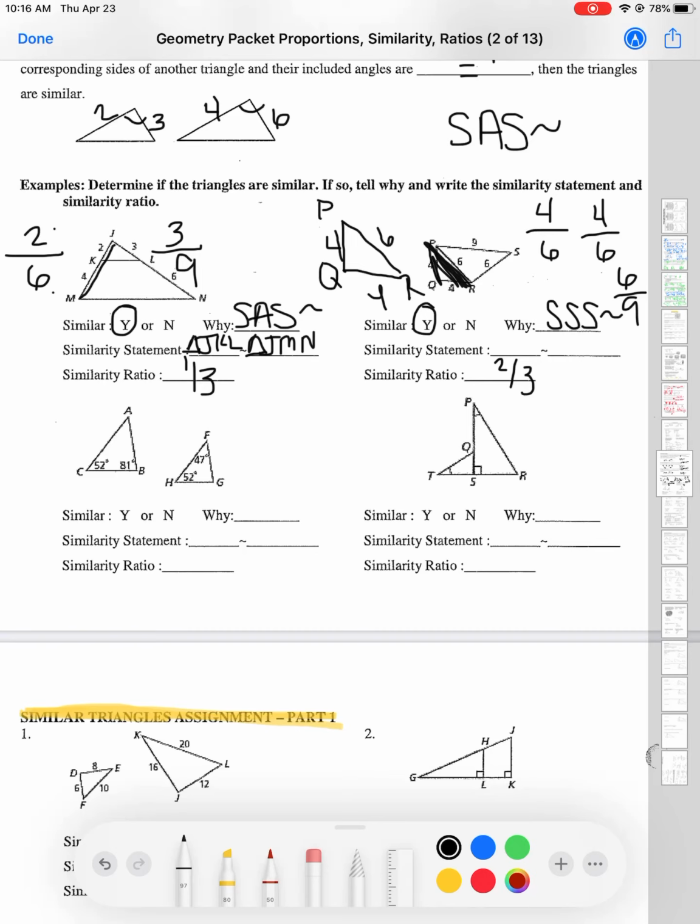So I'm going to say triangle PQR is similar to triangle PRS by SSS similarity, and the similarity ratio is 2/3.